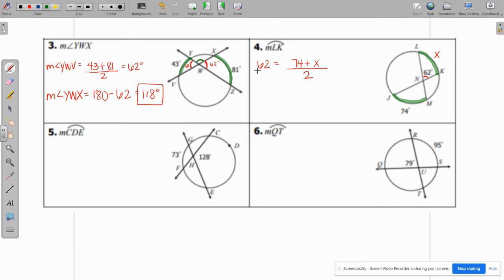We can solve this like a proportion. 62 is over 1, so 1 times the quantity 74 plus x is 74 plus x, and that should equal the other cross product, 62 times 2, which would be 124. So all we have to do is take away 74 from 124, and we get that x equals 50 degrees. So the measure of arc LK is 50 degrees.